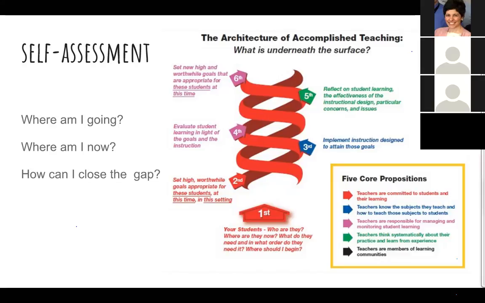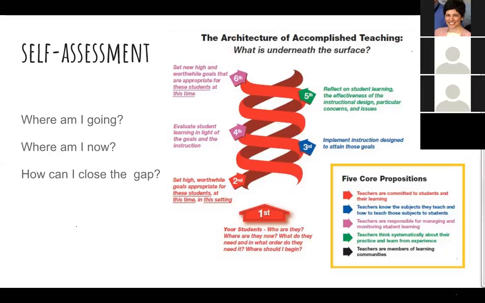Then you're using those assessments to see if they're meeting these goals along the way, reflecting and then setting new goals. So this helix is kind of the DNA of teaching, and you can see how all of those five core propositions are interwoven throughout.